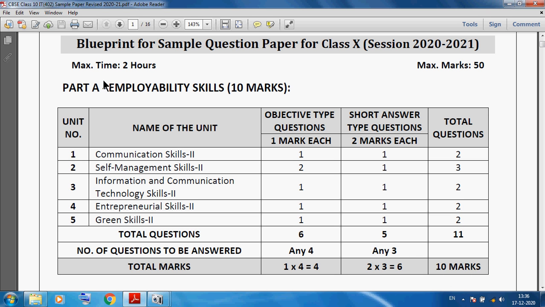So in part A there are 5 things: communication, self-management, information, entrepreneurship and green skills, a 10 marks paper. In 10 marks, 4 objective questions and 6 questions of 2 marks each.